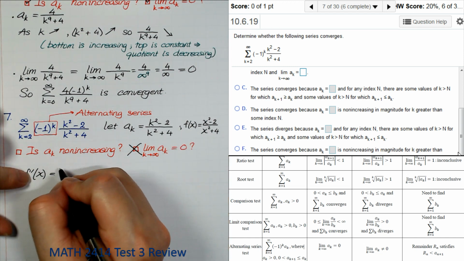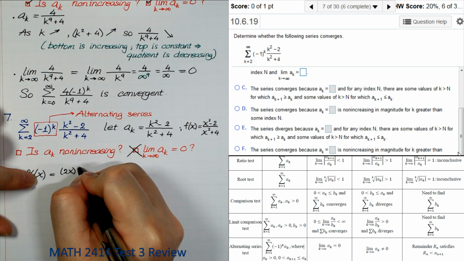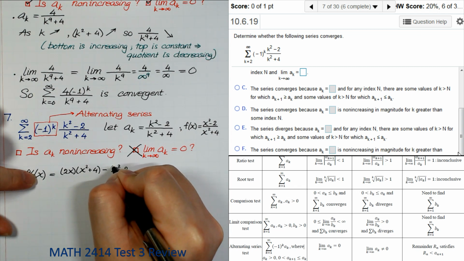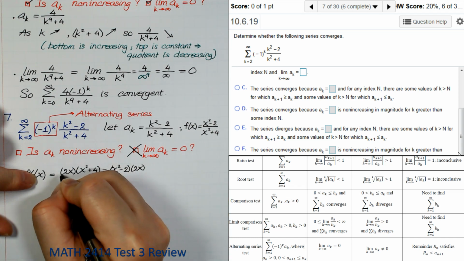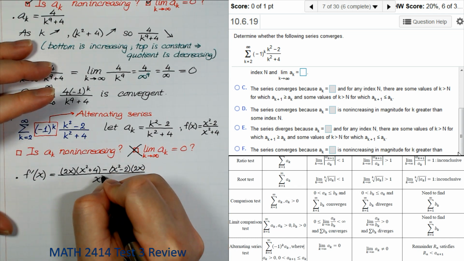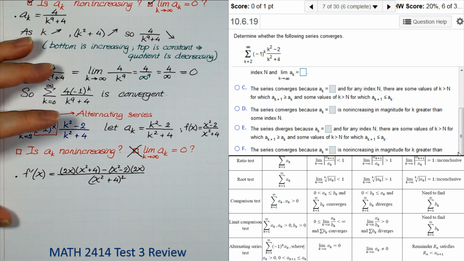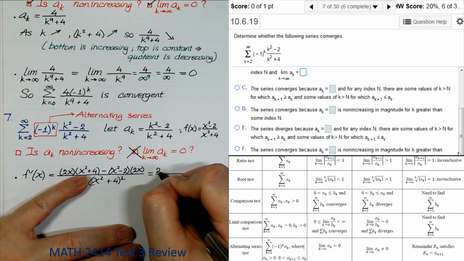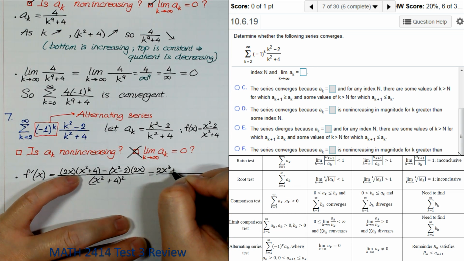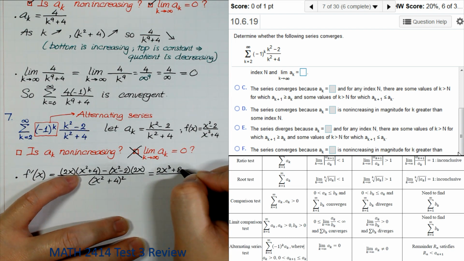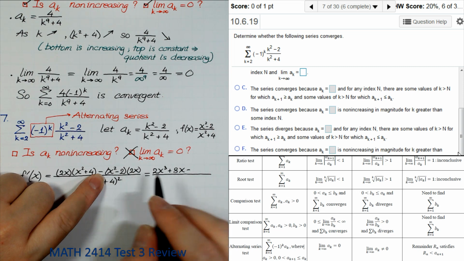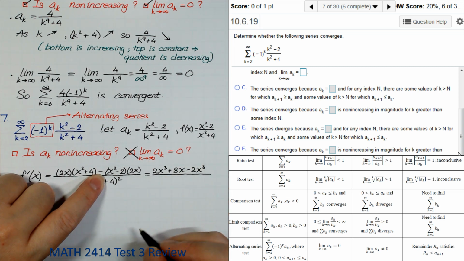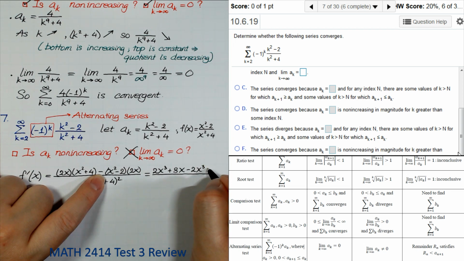This is a quotient rule: derivative of the top times the bottom, minus the top times the derivative of the bottom, over the bottom squared. So multiplying it out, we get 2x cubed plus 4x, and x squared times 2x gives minus 2x cubed, minus minus, so plus 4x.